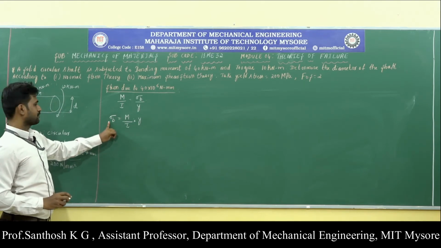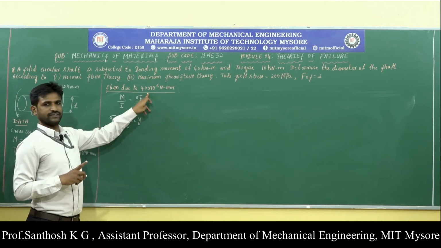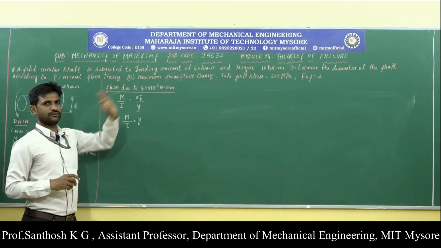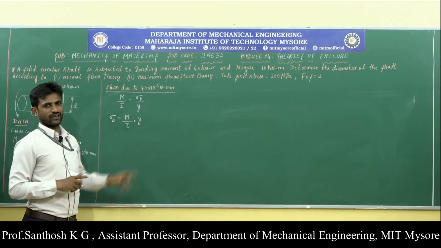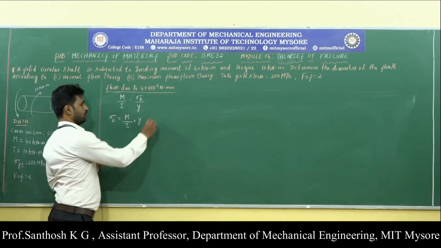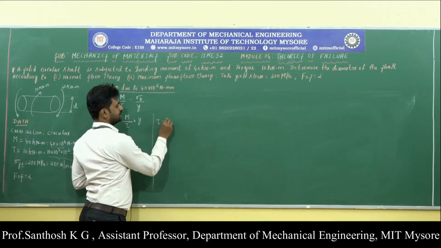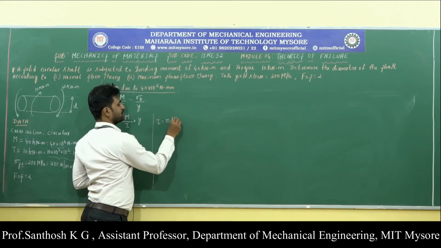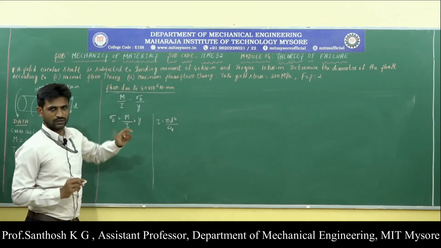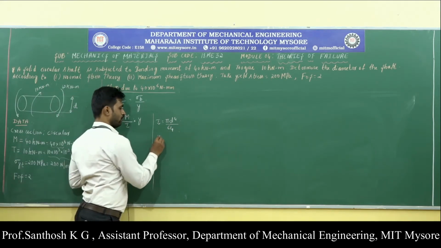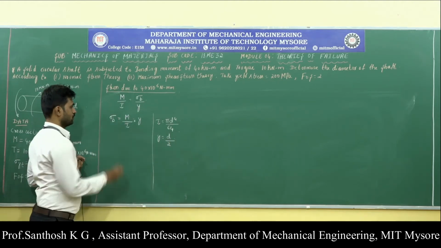To calculate sigma B, here I need 3 values. One is M, which will be 40 into 10 to the power of 6 Newton millimeter, and I should find I as well as Y. We know that for a circular cross section, the value of I is pi times d to the power of 4 divided by 64, and for the circular cross section, the value of Y is diameter divided by 2.